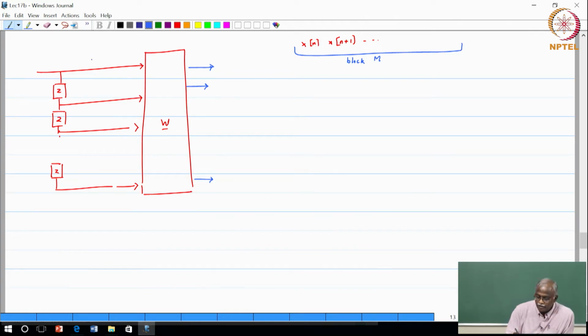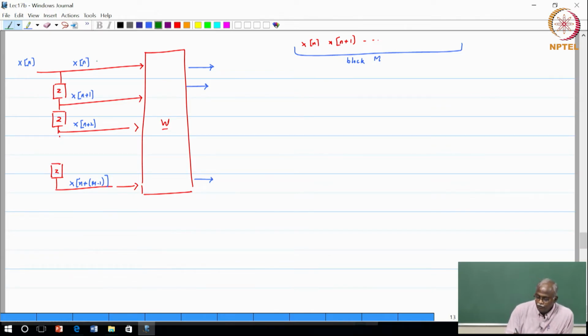Now, like before, let us quickly label them. If this is x of n on the upper branch, you have x of n, this will be x of n plus 1, this is x of n plus 2 dot dot dot, this is x of n plus m minus 1, that is the last branch that is feeding in.